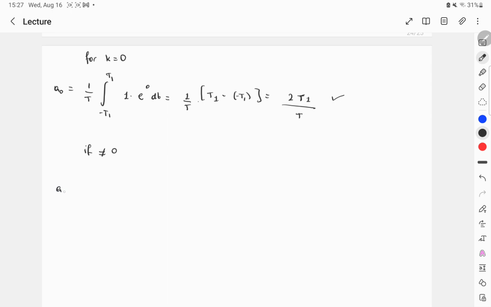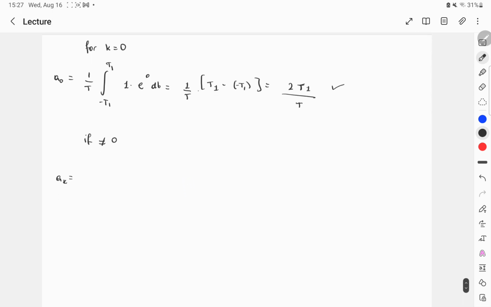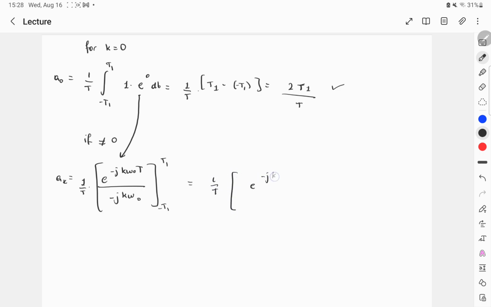We will have a_k equals, instead of here, if we consider that k is not 0, an expression like this, from minus T1 to T1, and this one will equal to this expression.